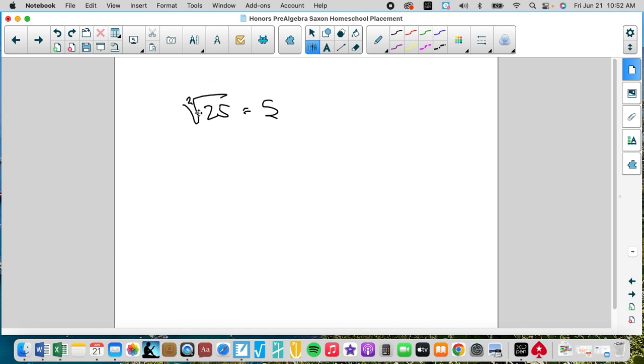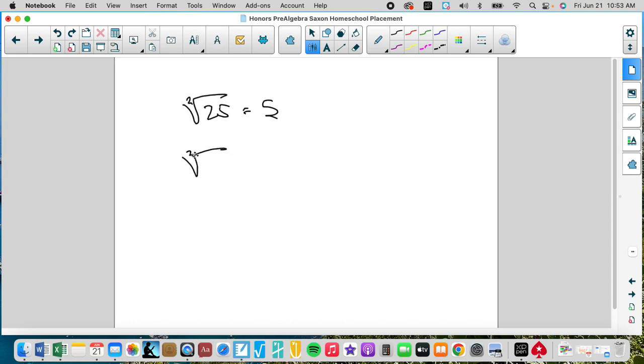So remember inverses. Addition gets rid of subtraction. Subtraction gets rid of addition. Multiplication gets rid of division. Division gets rid of multiplication. What gets rid of a square root? A square. What gets rid of a square? A square root. Those are inverses of each other. So if I want to get rid of a square root, I need a square in here.